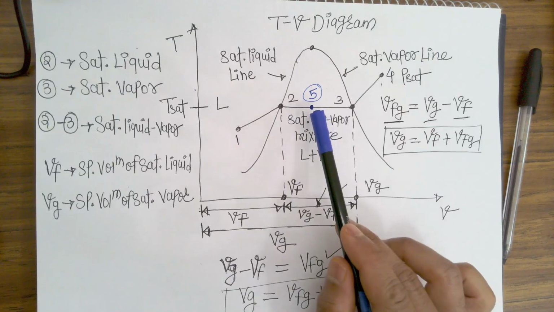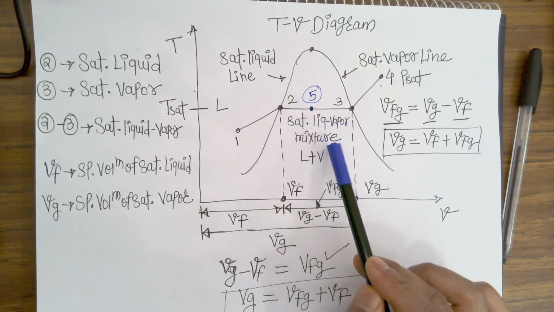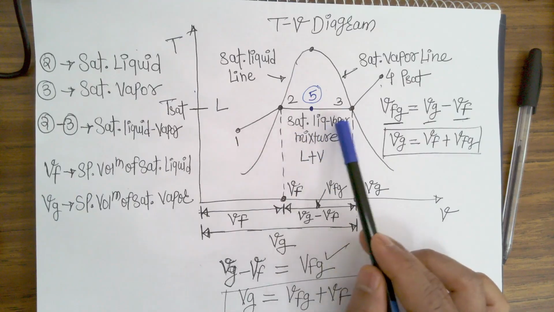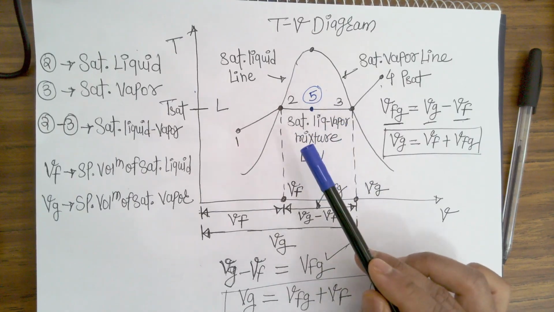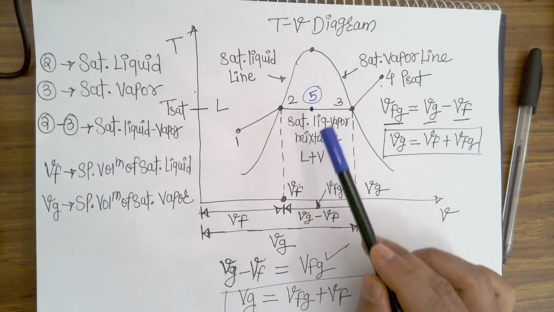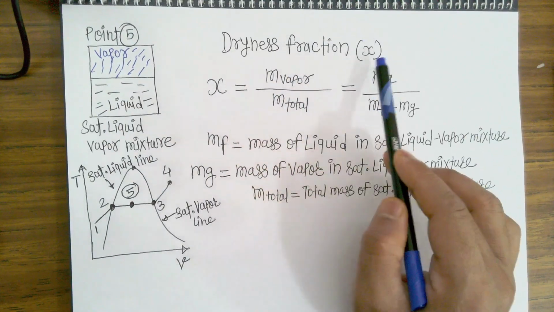So let's say if we have a point here which is a saturated liquid vapor mixture, and if I want to calculate the specific volume of this saturated liquid vapor mixture at this point, we need a new property called dryness fraction. The dryness fraction is represented by x.